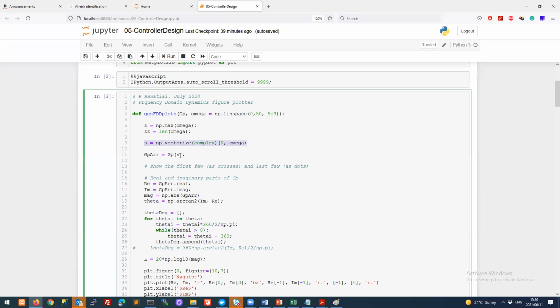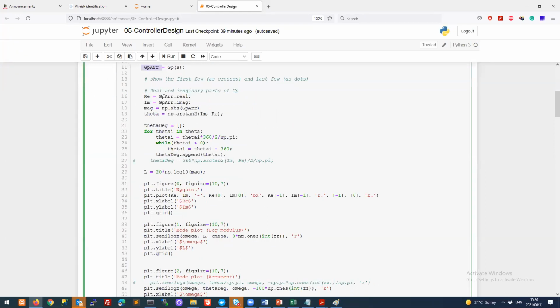And then we go and apply all those S equals I omega values in here. That will generate for us a set of G values, our process values. Whatever we've defined our process function to be, we'll get a set of G values here. And then, of course, we can extract the real parts and imaginary parts.